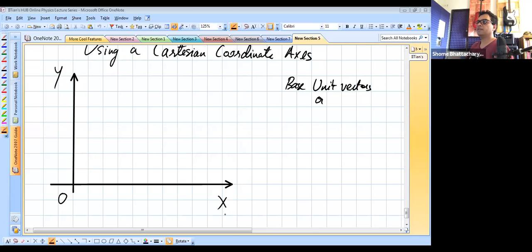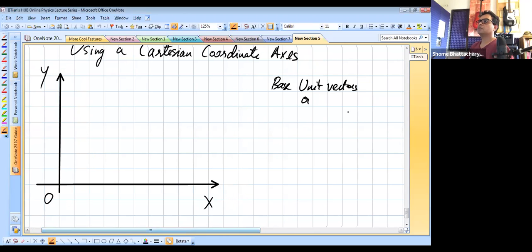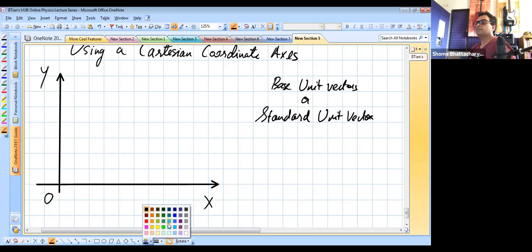So we define, going back here, something called standard or base unit vectors. These are two special unit vectors which are given specific names.